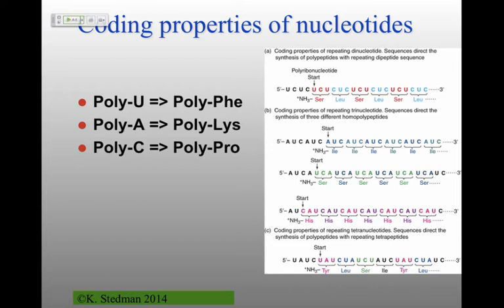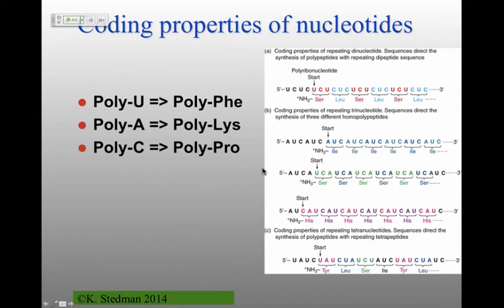So just uracils, if you put that into a mixture of ribosomes and tRNAs, you get a whole stretch of phenylalanines. And what that tells you is UUU is the code for phenylalanine. AAA is the code for lysine, CCC for proline, etc.